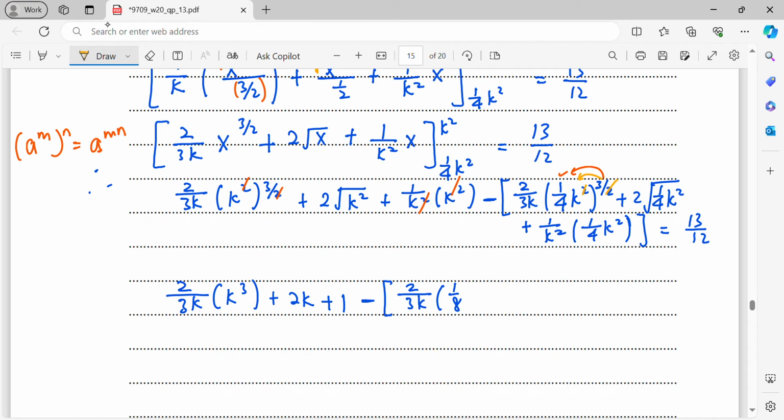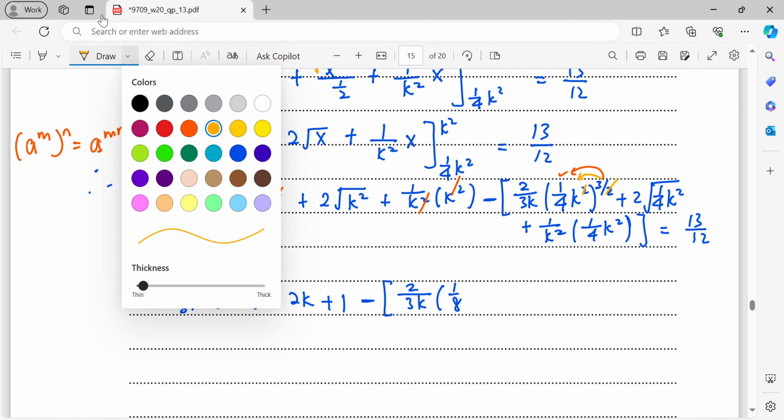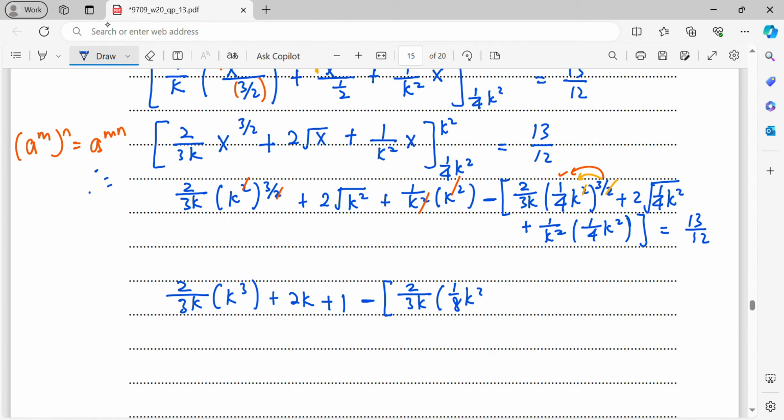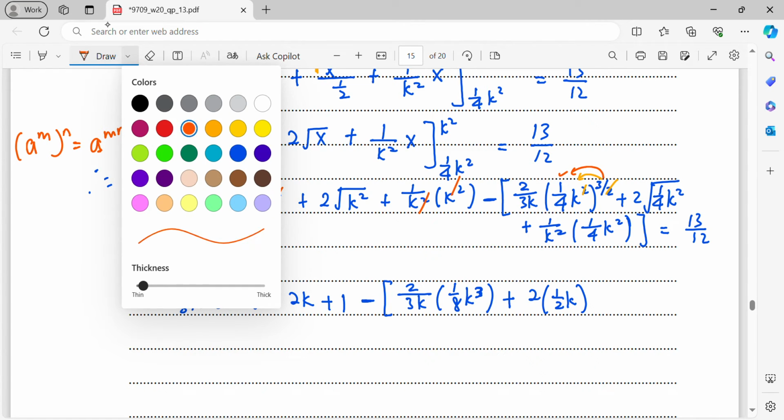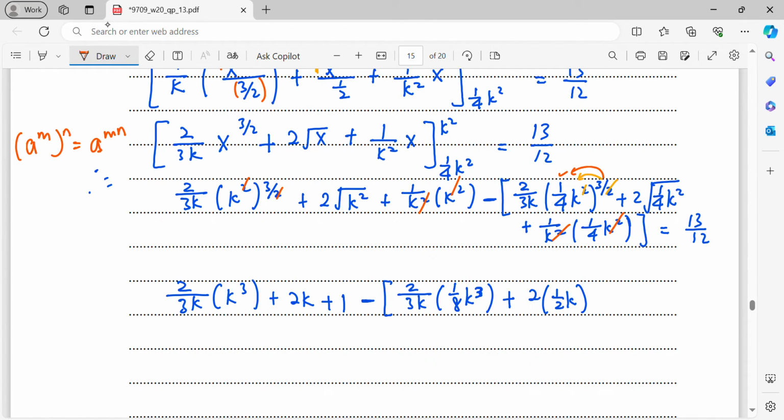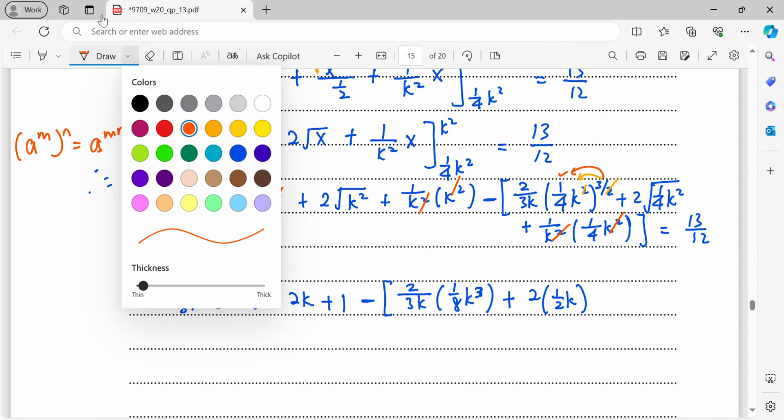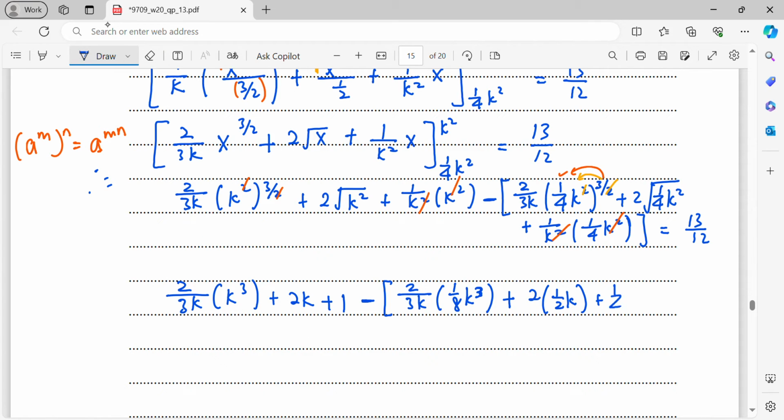So k squared, the half and squared cancel off, left k cubed. Now, for the second term, square root of 1 over 4k squared is basically half k. And then third term, the 1 over k squared and k squared cancel off, get 1 over 4. It is 13 over 12.